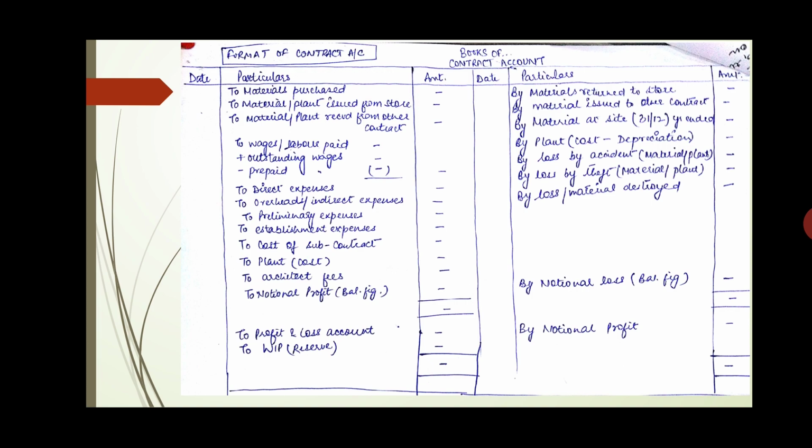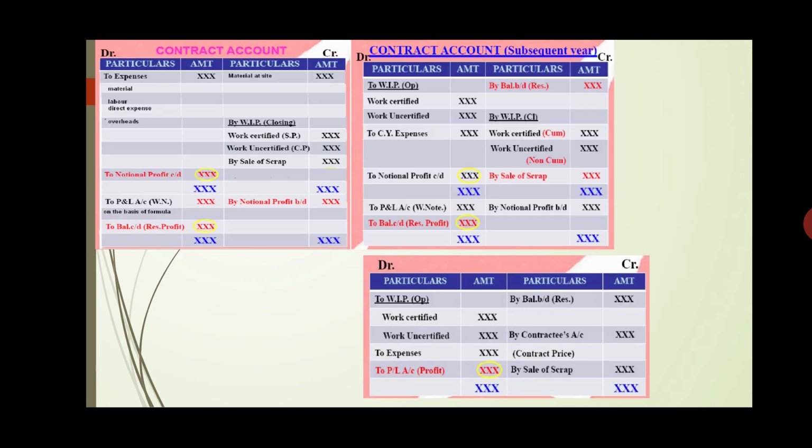On what basis it has to be distributed is decided by the rules which we have studied. These are just snapshots of preparing the contract account for year 1, and for subsequent years, how it has to be shown for the further years.